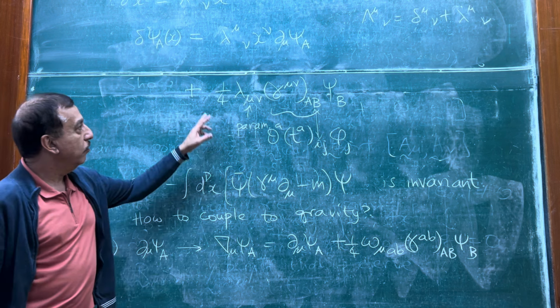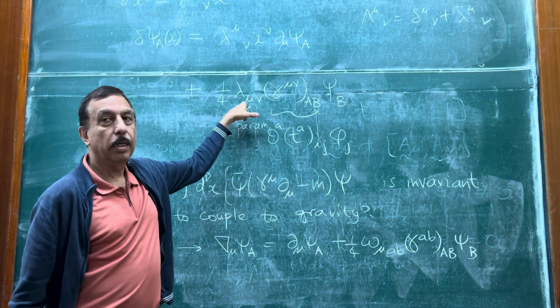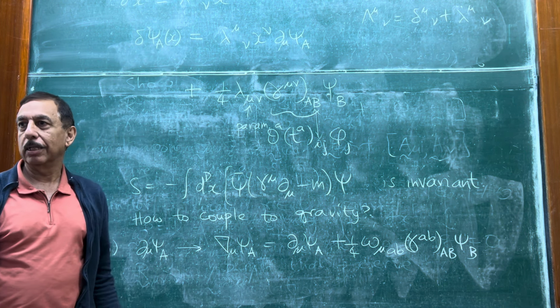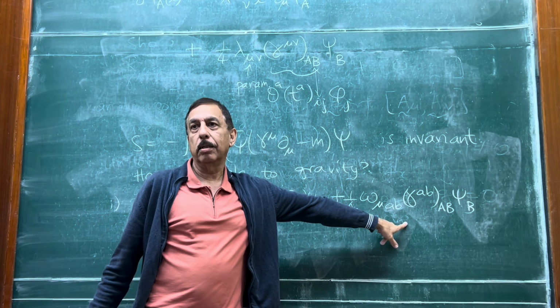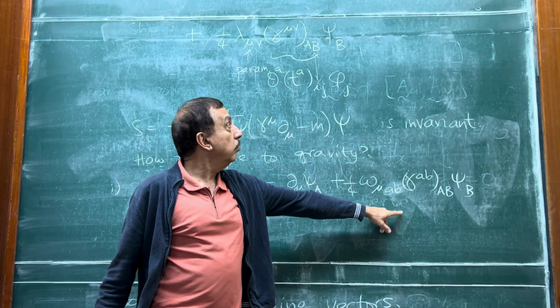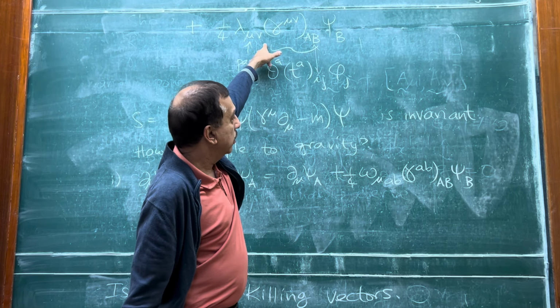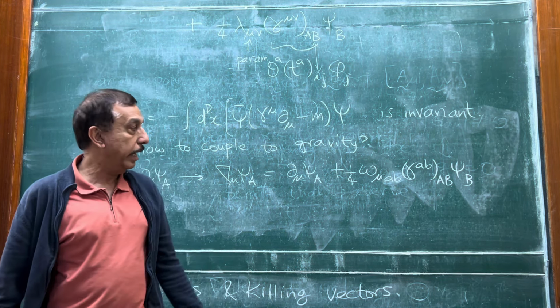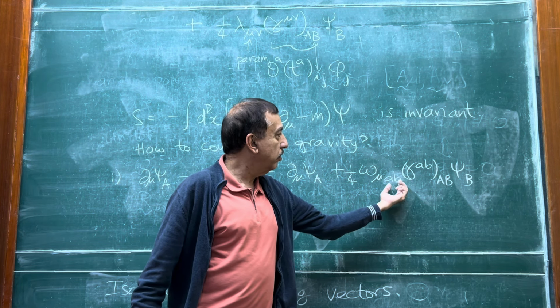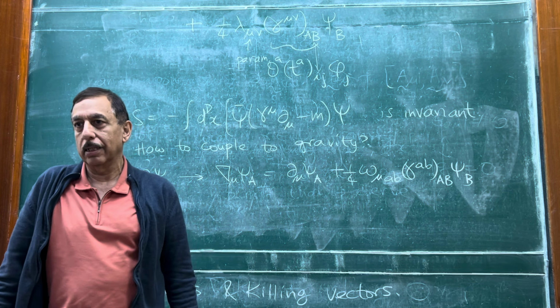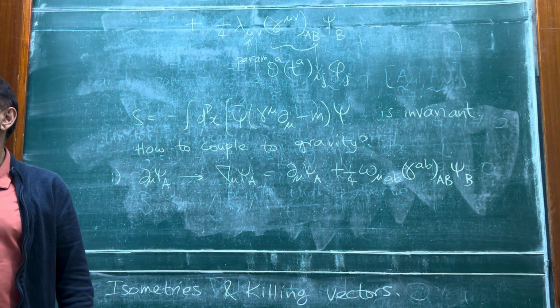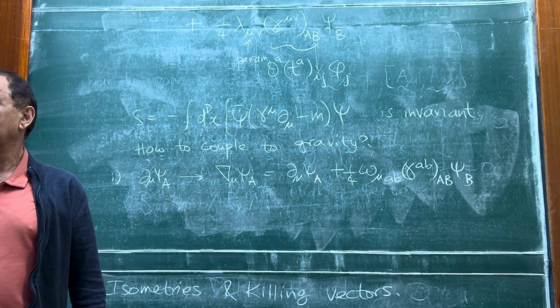So if I differentiate psi, that derivative will act on this lambda. That will spoil everything. To correct it, I need a term like this, and this term, as you can see, has an analogous structure to that term. The connection always comes in a way which is analogous to the representation acting on psi, and this is precisely it.